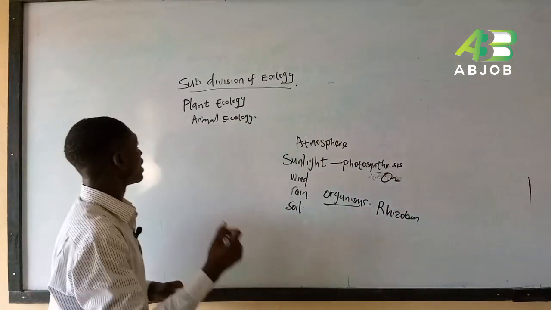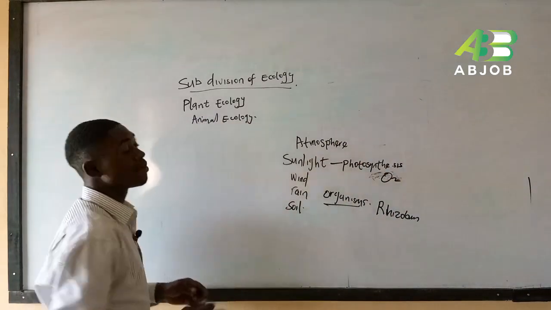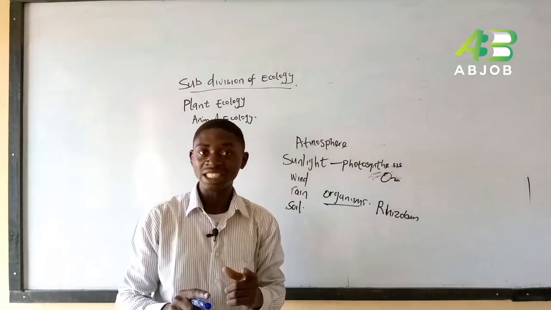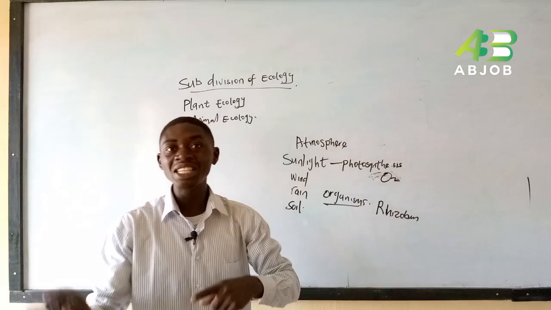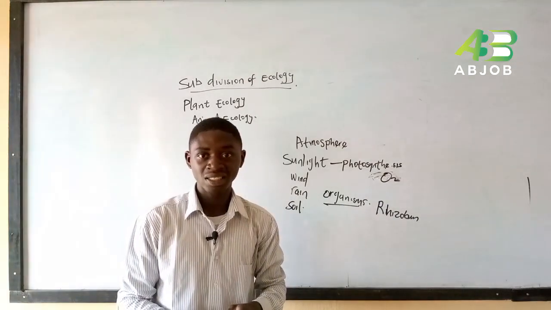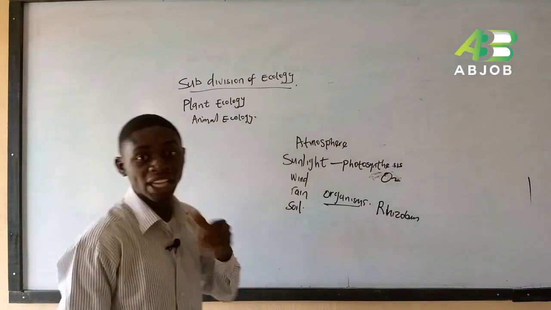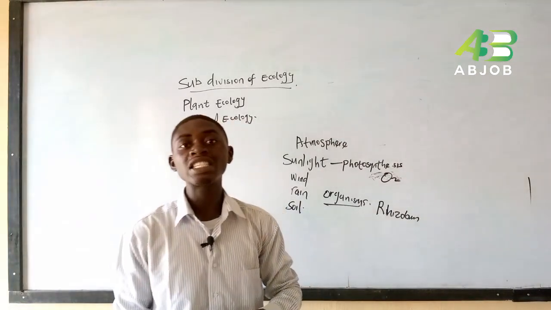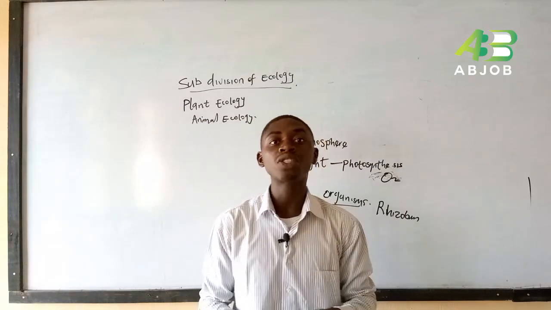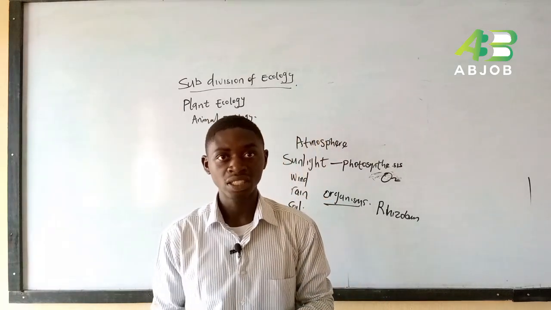And let us go to animal ecology. Don't forget, ecology is the relationship between living and non-living things. Animal ecology is one of the branches of ecology that deals with animal population in relation to their environment.